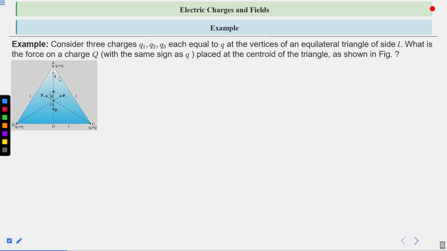So look here, O is the centroid of the triangle. Now Q1 is equal to q, Q2 is equal to q, and Q3 is equal to q. And here we have to find the force on charge Q, which is placed at the centroid of the triangle. Clear?